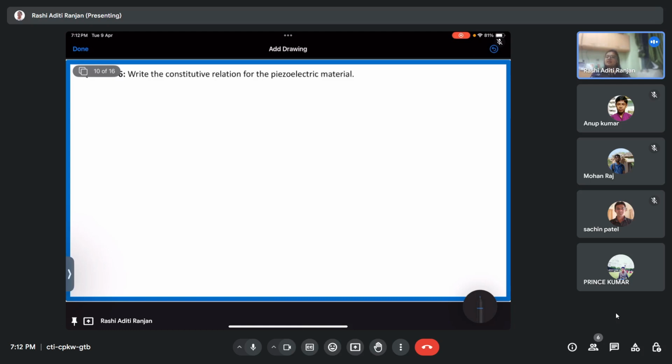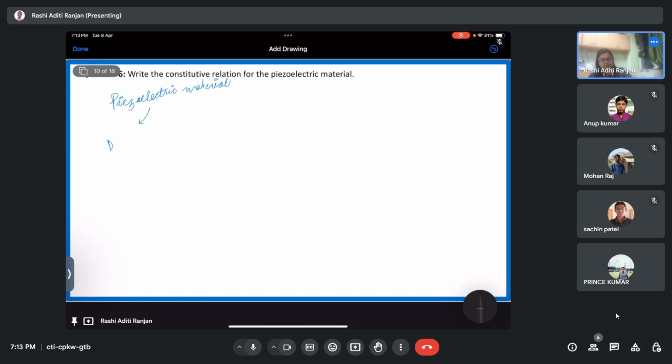Likewise, my elastic material should also have a constitutive relation. Otherwise, how am I going to model it? How am I going to actually find the equation of motion? So I should have a relation which could relate my system. So I'll have a constitutive relation. So what could be my constitutive relation? If I talk about a piezoelectric material, if you remember, my piezoelectric material is going to have both the effects.